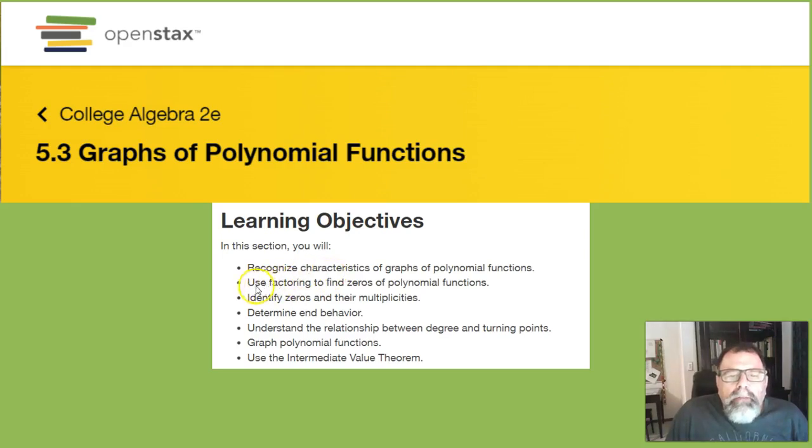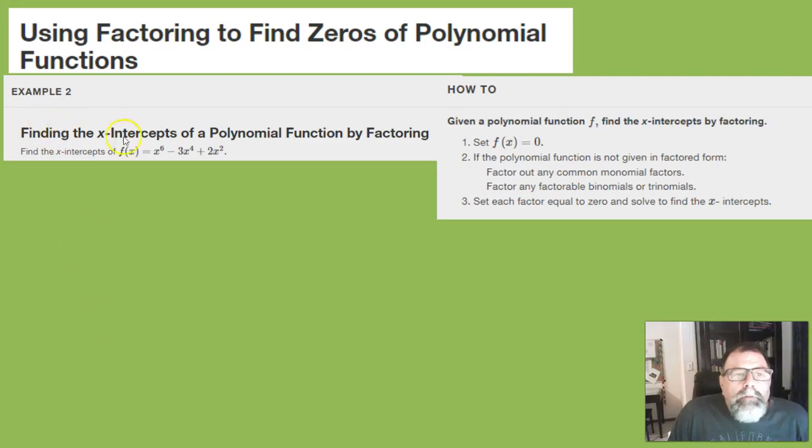Our next learning objective: use factoring to find zeros of polynomial functions. Example 2, finding the x-intercepts of a polynomial function by factoring. Find the x-intercepts of f of x equals x to the 6 minus 3x to the 4th plus 2x squared. This should be sinking in by now, right?